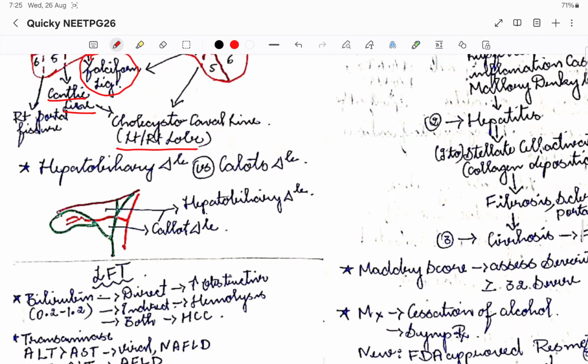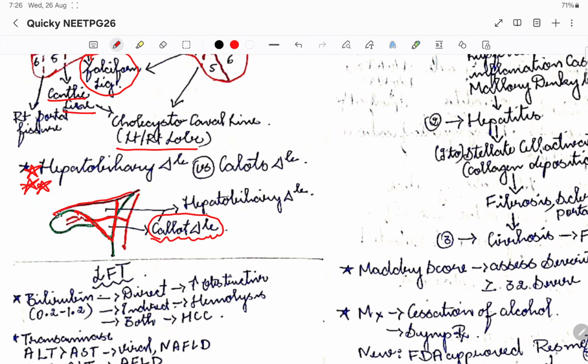Then this is very important: the hepatobiliary triangle versus Calot's triangle. The borders of the hepatobiliary triangle are the common hepatic duct, the cystic duct, and the base of the liver. Whereas in Calot's triangle, the lateral and medial sides are the same, but the base is formed by the cystic artery.